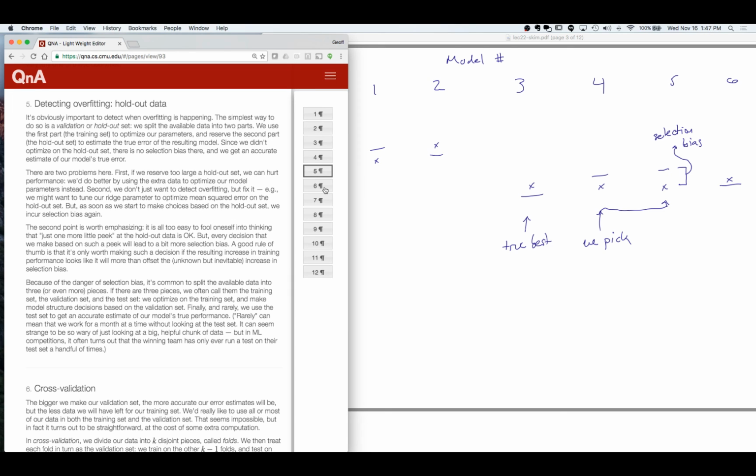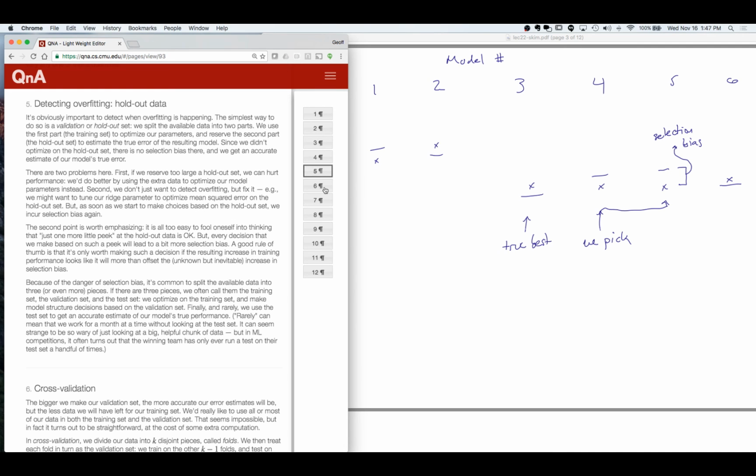We want a lot of holdout data in order to be able to get good tuning of things like ridge parameters without too much overfitting, but we want a large training set in order to be able to tune our regression weights without overfitting. So this is kind of bad, right?